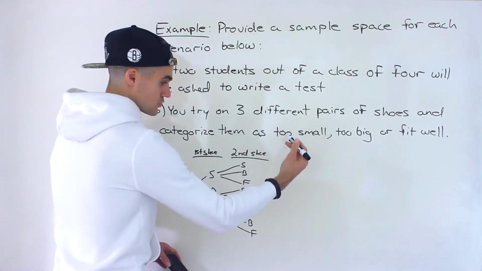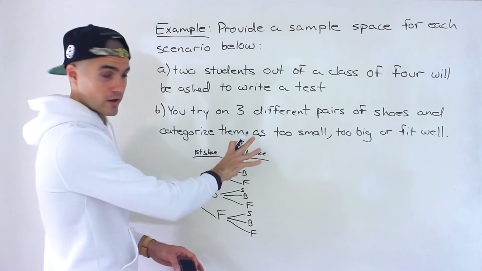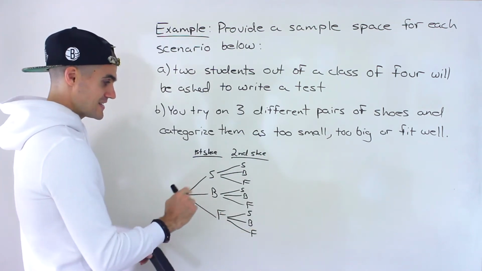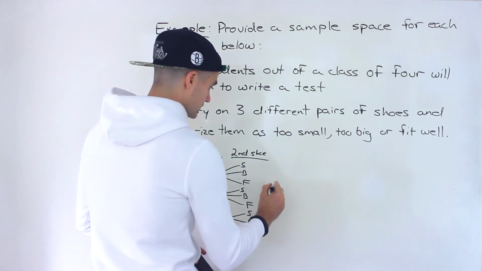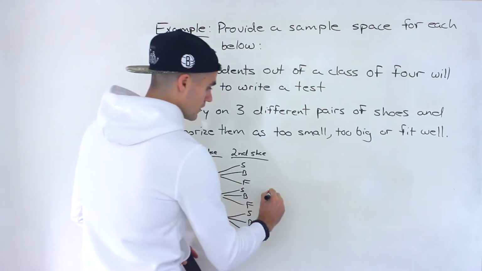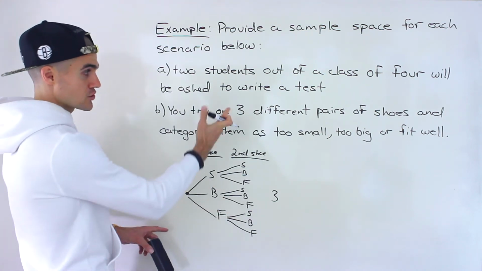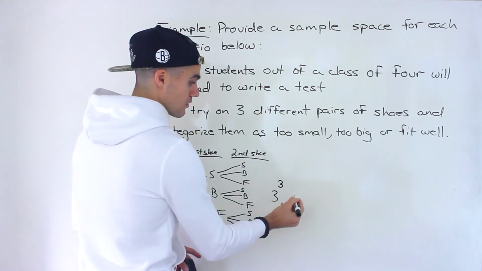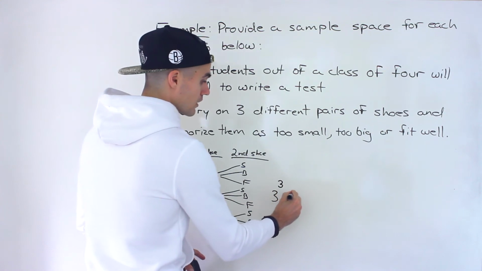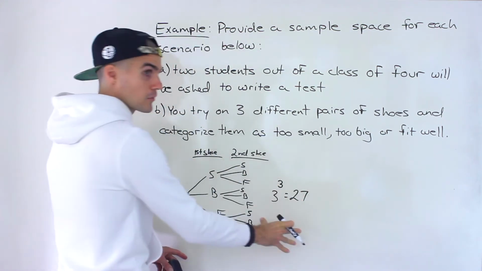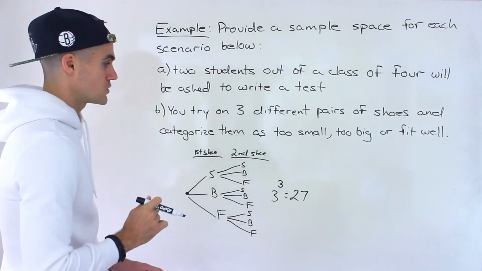And then the third shoe, and each of these would have 3 different branches. Right? So notice in this case, there's 3 possibilities for each shoe, and there's 3 shoes that we are trying on. And so the total would be 27. If you continued this tree, the total number of branches at the end would be 27.